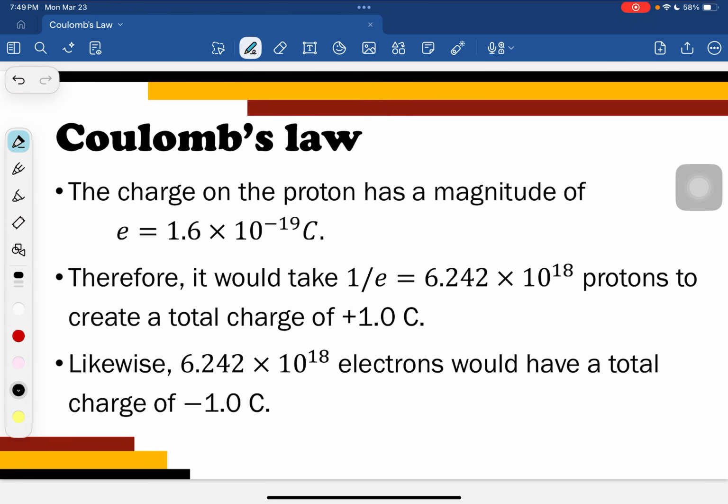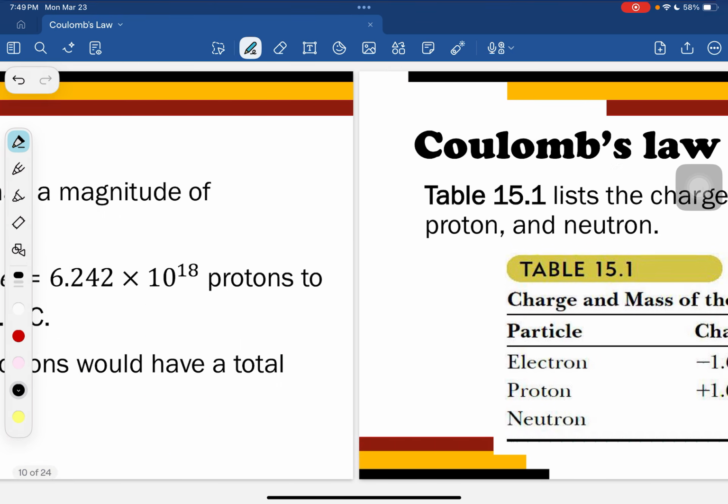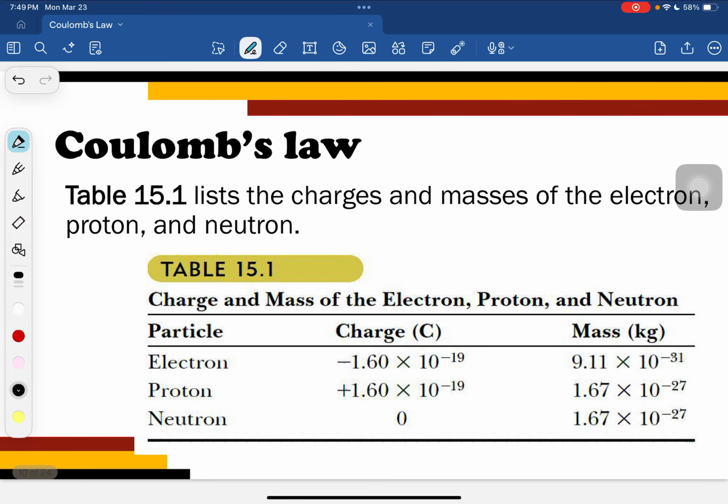Likewise, since the charge value is the same, 6.242 times 10 to the 18 electrons would have a total charge of negative 1 coulomb. Basically, the charges are the same in value, except that the proton is positive and the electron has a negative charge. These are values that might be useful for our computations.